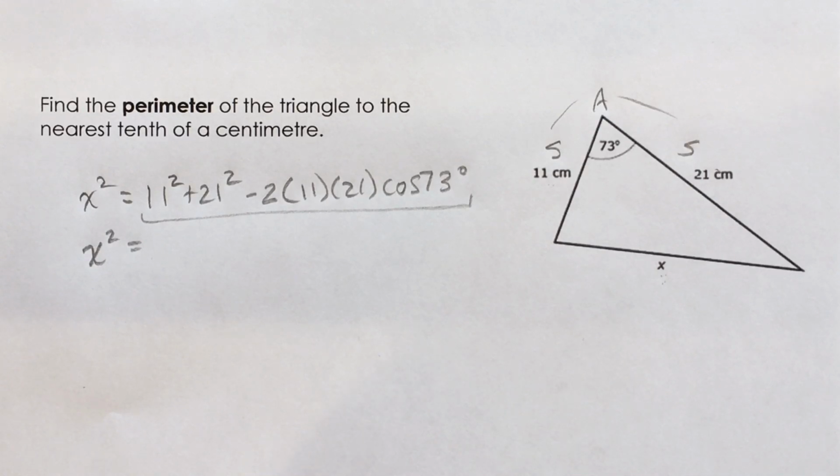Give you a little bit of time to try that. So you'd be typing in 11 squared plus 21 squared minus 2 times 11 times 21 times the cosine of 73 degrees.